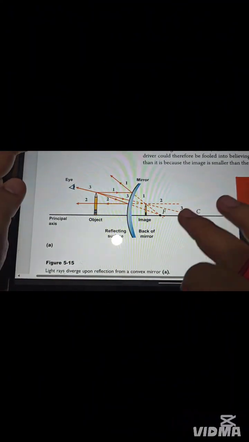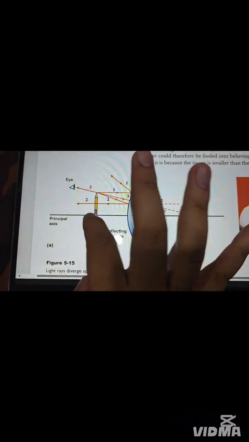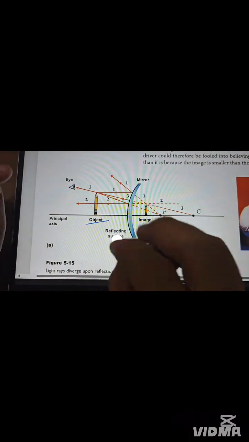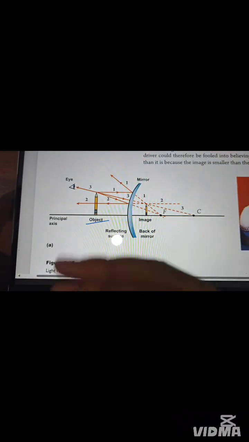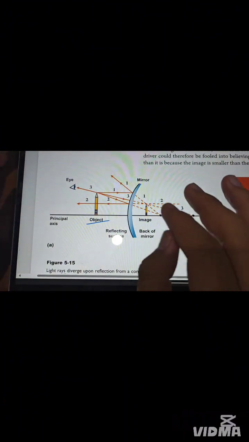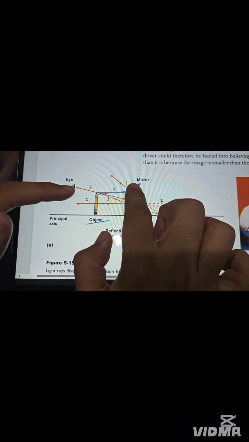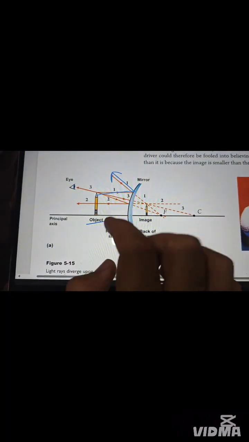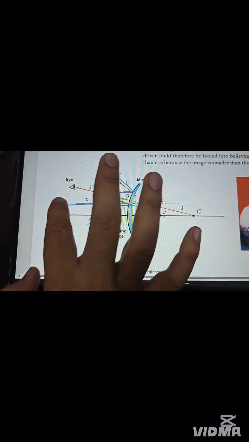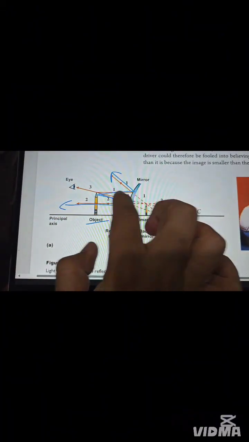Take a look here. If we put this object here, as I told you, every object emits a lot of light. Here we are taking only three lines. The first light comes from this source, is reflected by the convex mirror, and goes back in that direction. The second light is reflected in that direction, and this is the third light.